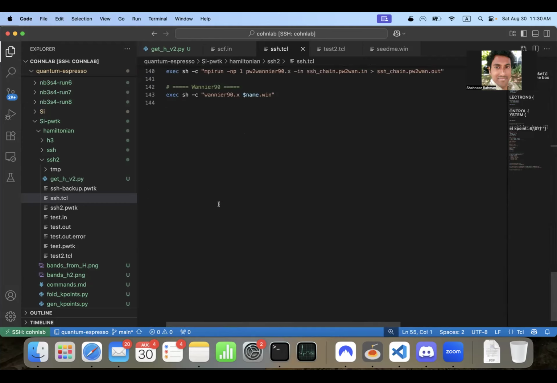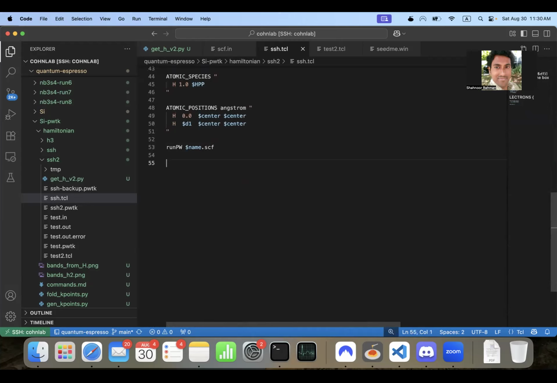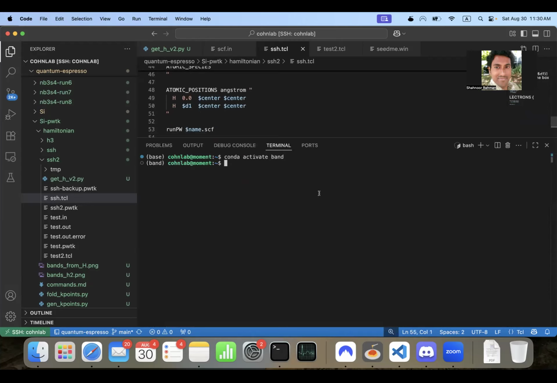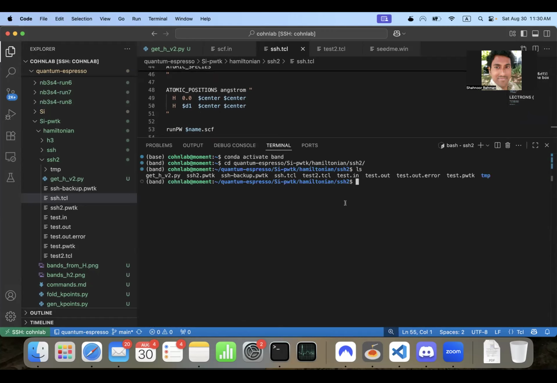Let me delete all this and run this file. So if you remember previously, I have this file here. When we have run the computation, I think I've shown you that if you do run PW and provide a name like this, that's going to do SCF or NSCF computation, or that's going to run the pw.x executable.